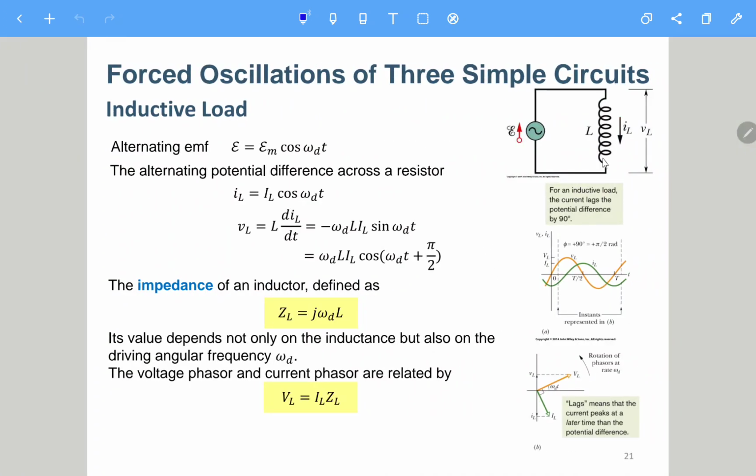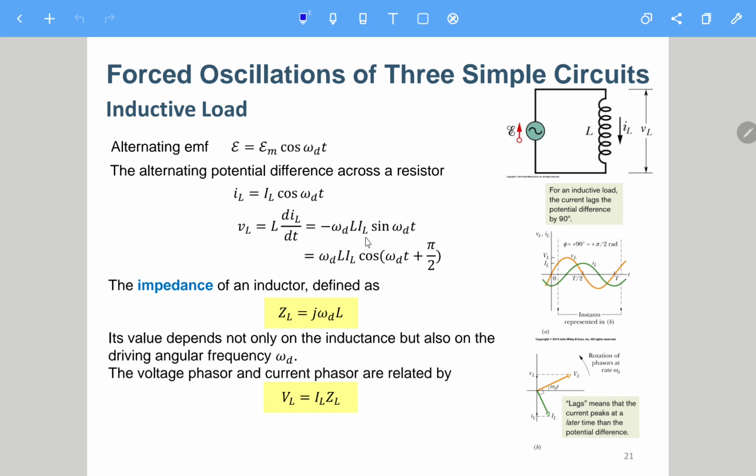Similarly for the inductor, we assume this AC source is E equals E_m cosine omega_d t. I_L is I_L cosine omega_d t, and then we take the derivative because V_L is L di/dt.